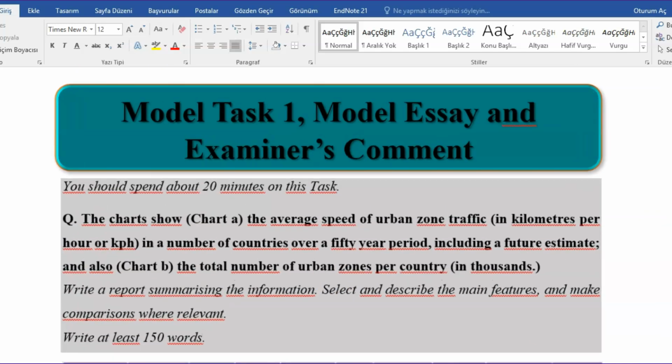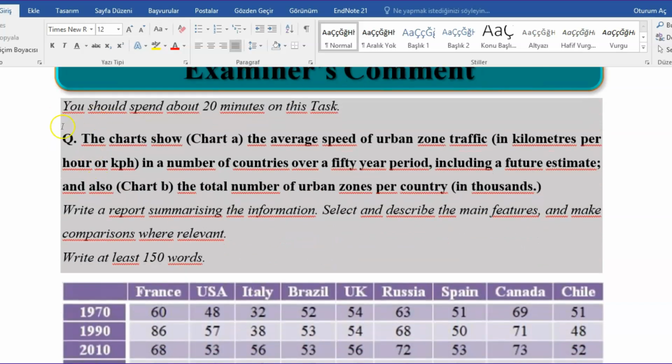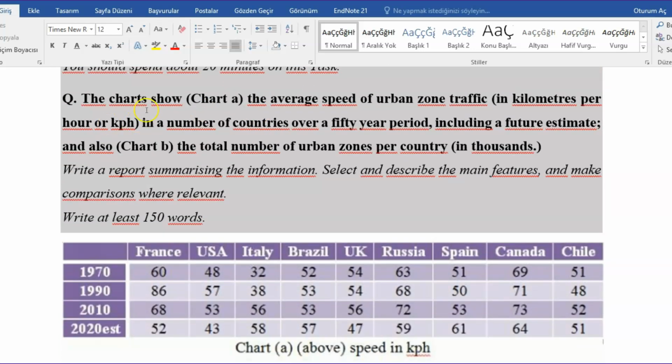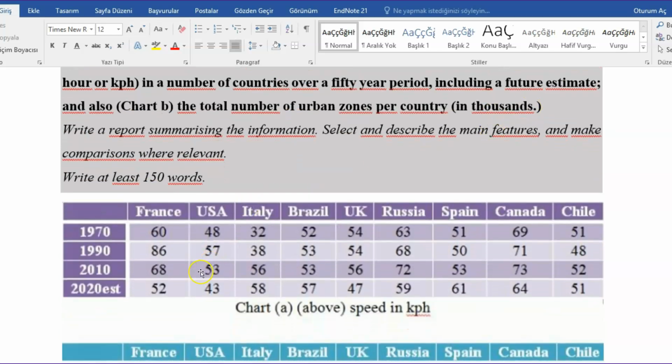Our question here is, pay attention that you should spend about 20 minutes on this task. We have 2 charts. The charts show chart A, the average speed of urban zone traffic in kilometers per hour or kph in a number of countries over a 50-year period, including future estimates.